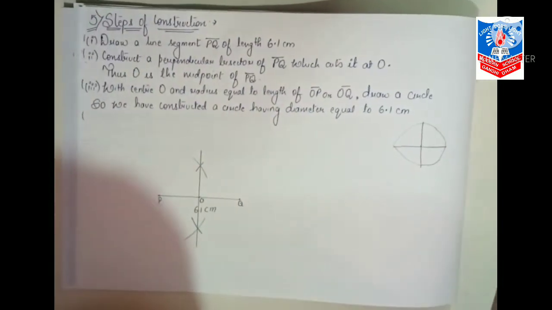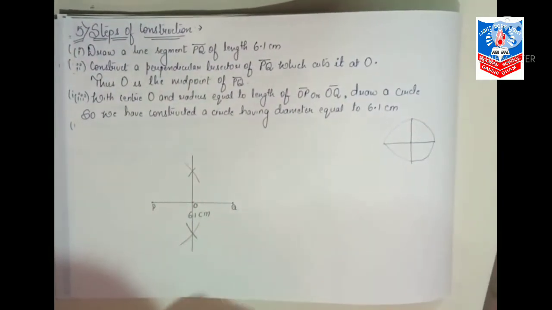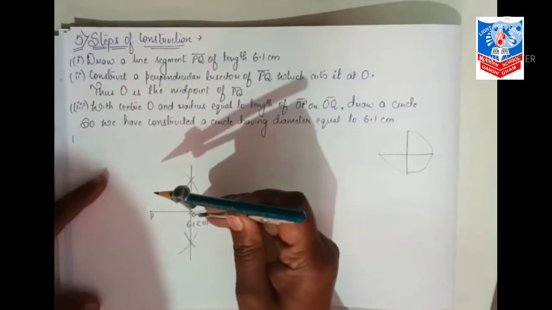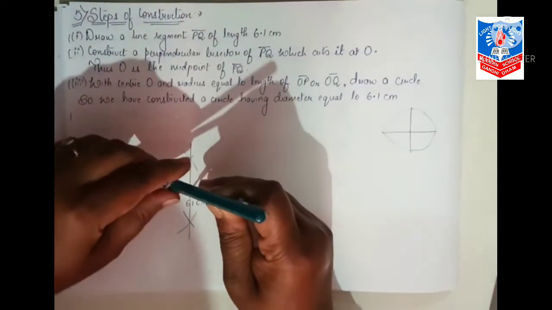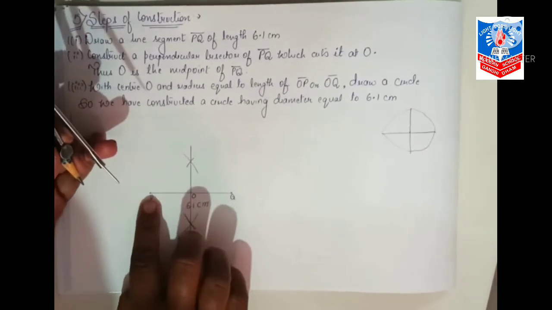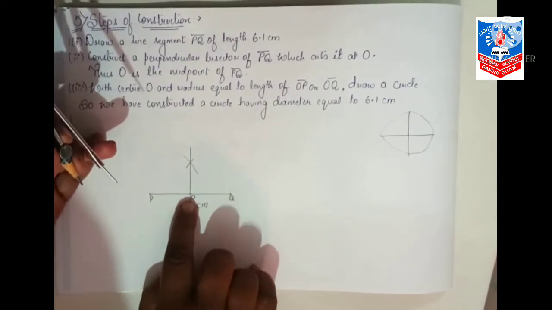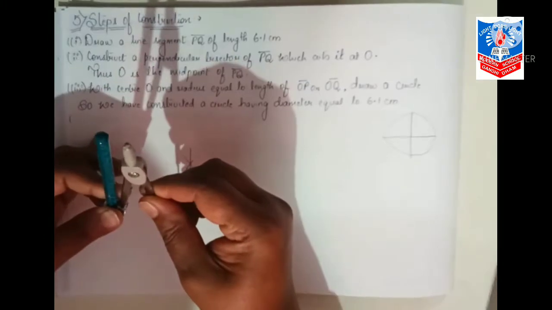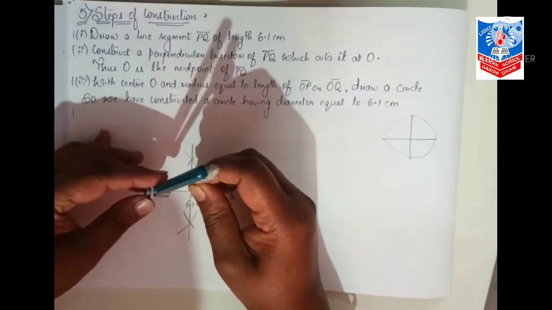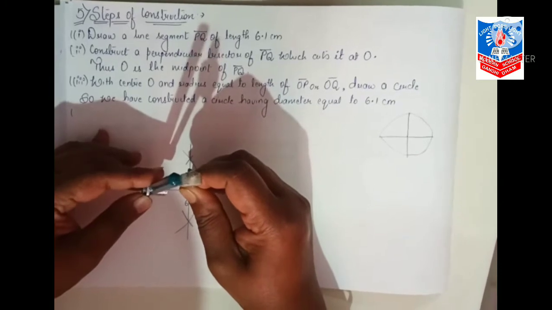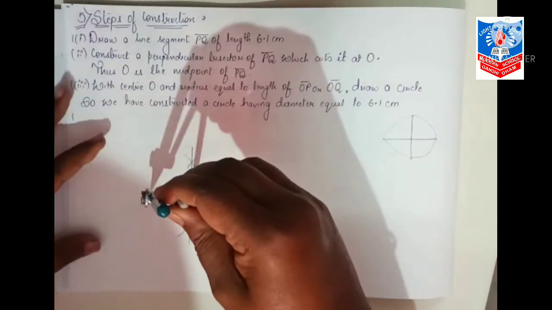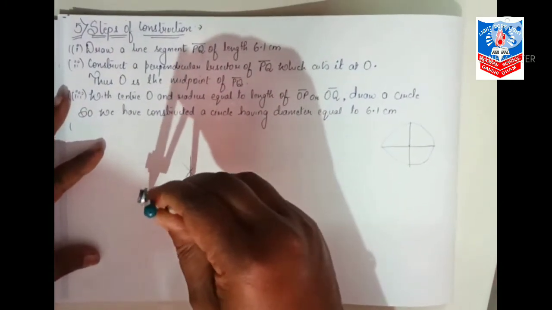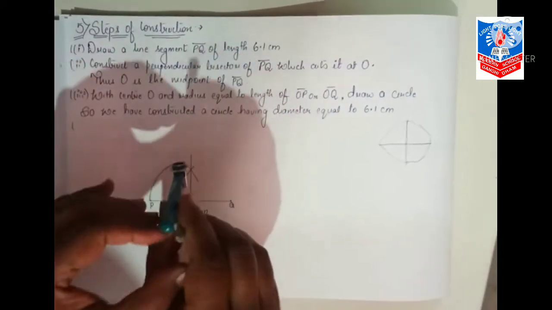Now you have to draw a circle. Now see, with center O and radius equal to OP or OQ. This is the midpoint, so OP and OQ are equal. See, like this way. Now draw the circle like this way.